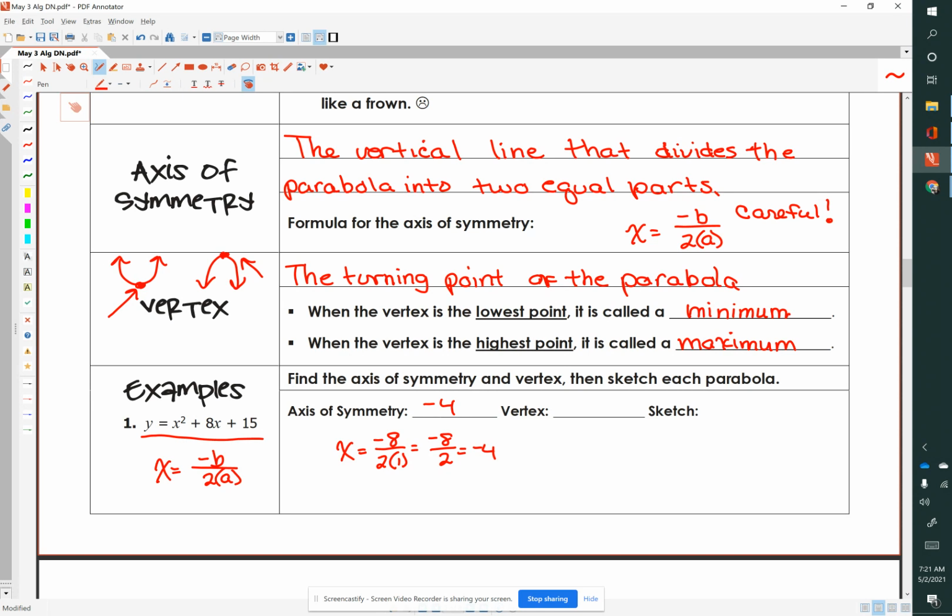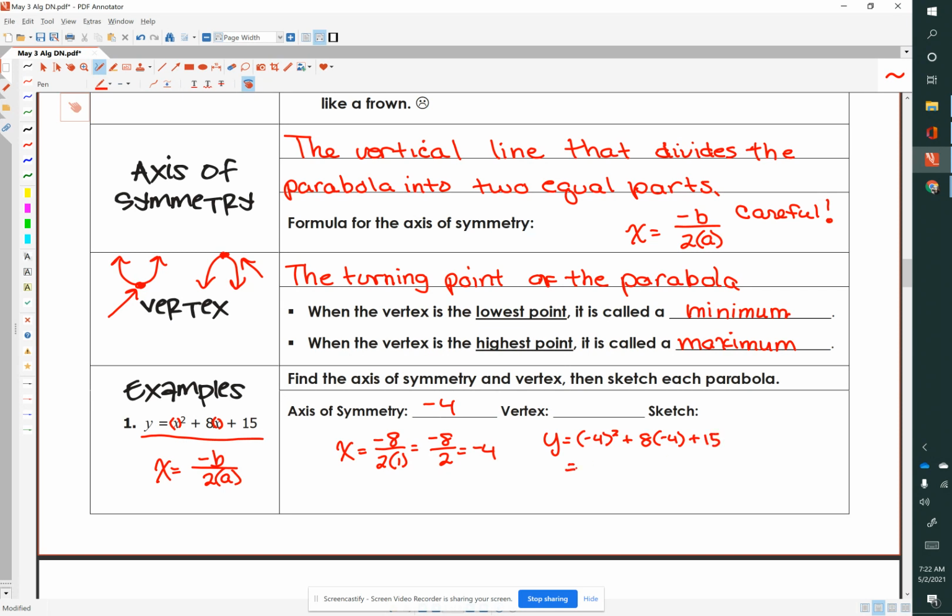Now we need to find the vertex by substituting the axis of symmetry into our x values here and evaluating what y equals. So y equals, careful with your negative signs, negative 4 squared plus 8 times negative 4 plus 15.